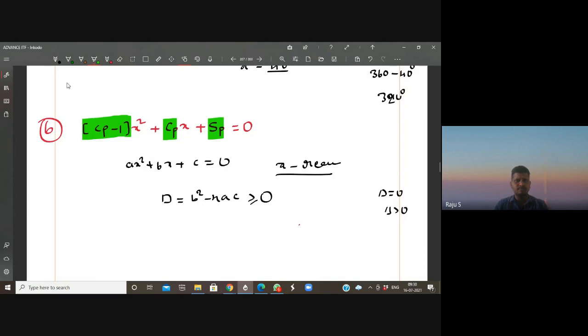Compare and substitute the values. B square means cos square p minus 4 into a, cos p minus 1, into c, sin p, greater than or equal to 0.